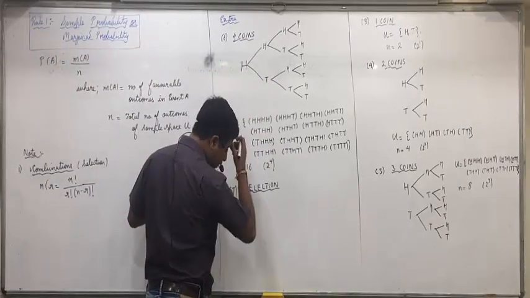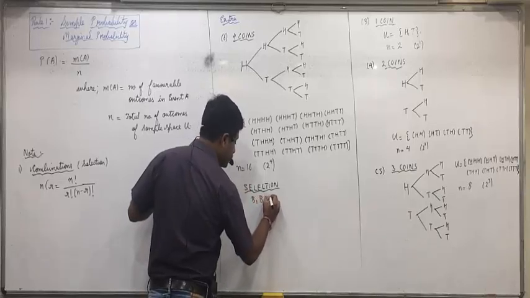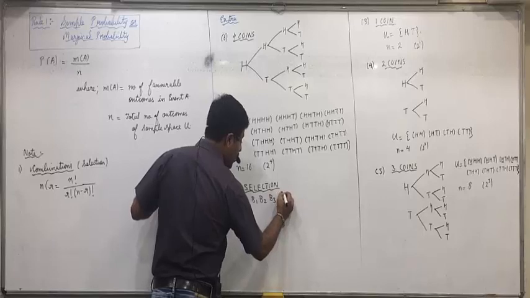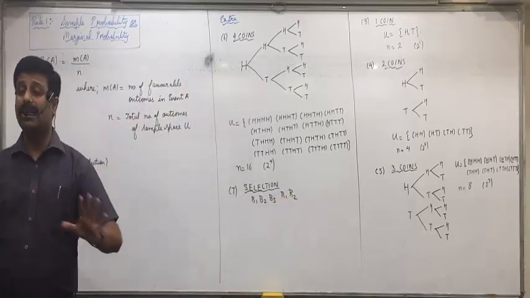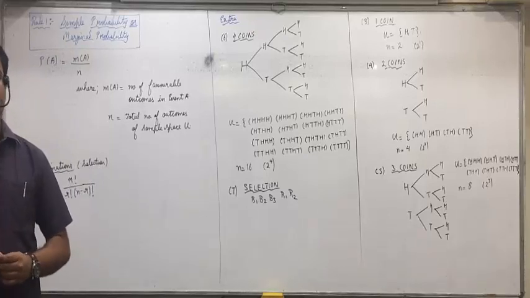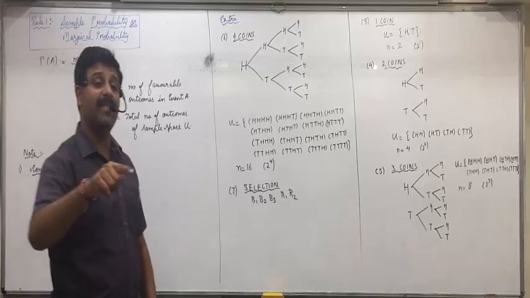Suppose I say that there are 3 black balls and 2 red balls. Now, be attentive throughout the chapter. One more assumption. Whenever you are given a question on balls, you assume that they can be differentiated.